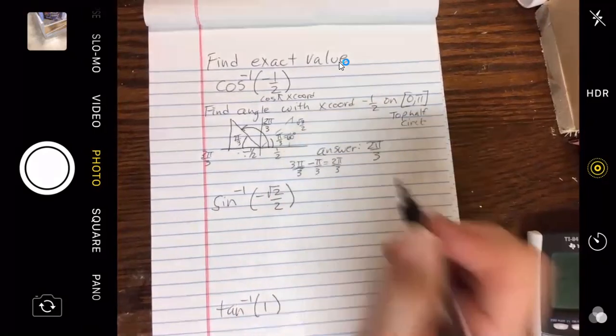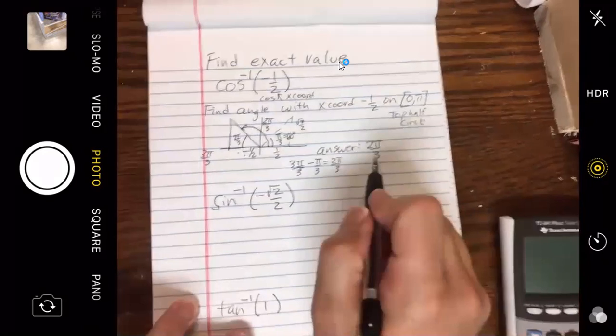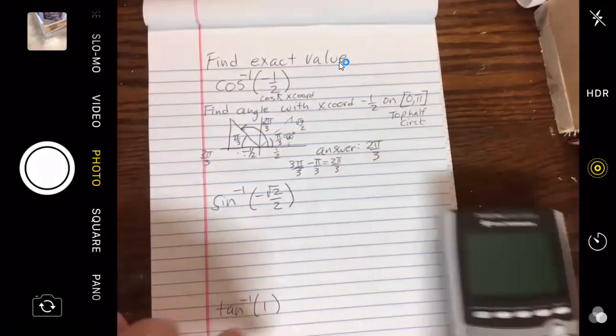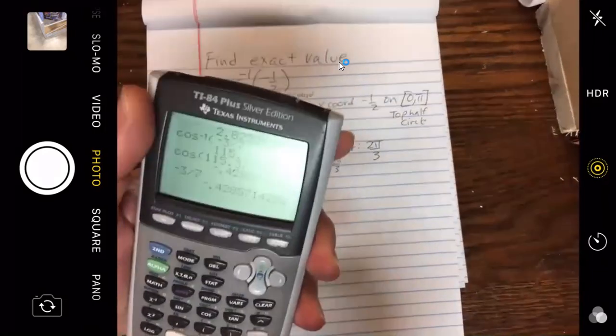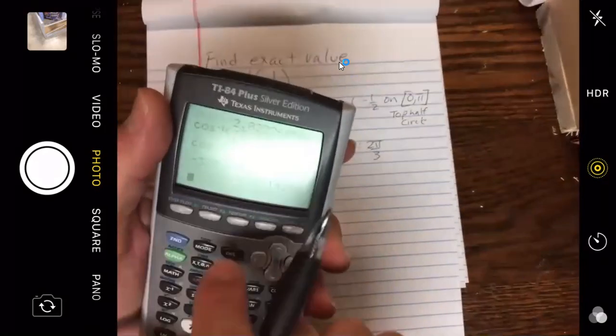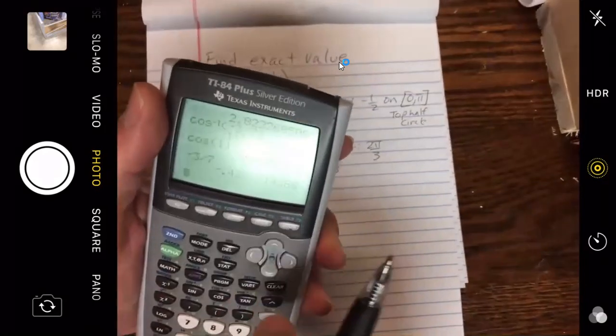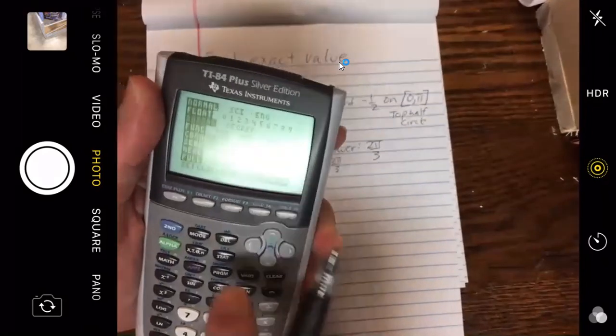To give you some confidence in this, you can punch it on the calculator and you're going to get the decimal for 2 pi over 3. But it's asking for exact, so it doesn't want the decimal at the moment. If you punch second, see, I'm in degree, you want radian mode. So mode, radian mode.